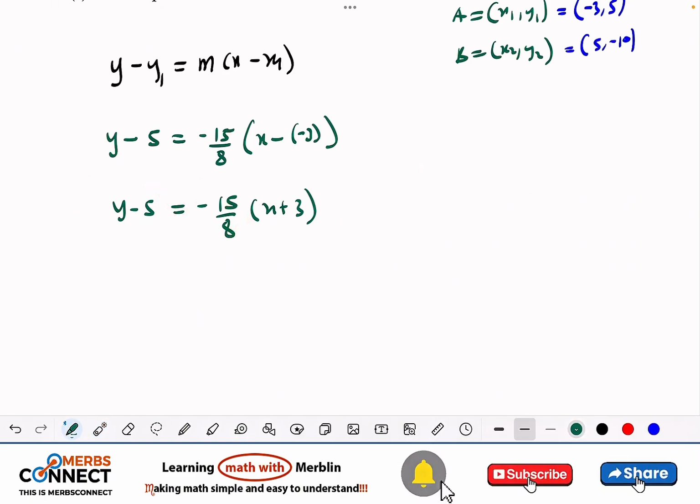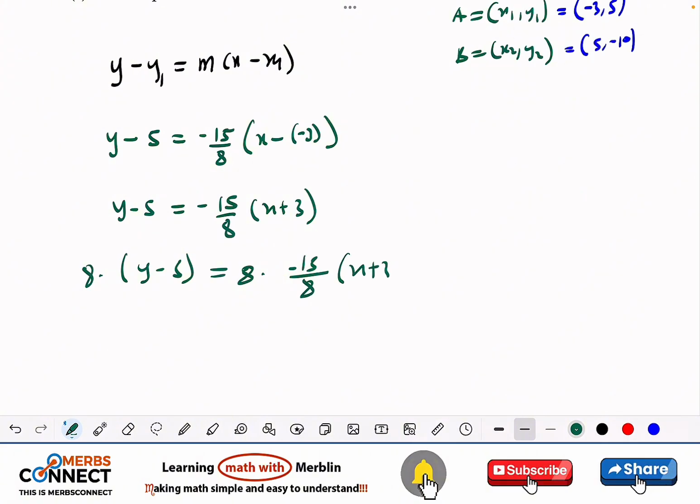When I do that, I'm going to have 8y minus, let me just do that so that you see what I'm doing. Then I multiply this one too by 8, which is minus 15 divided by 8 times x plus 3.